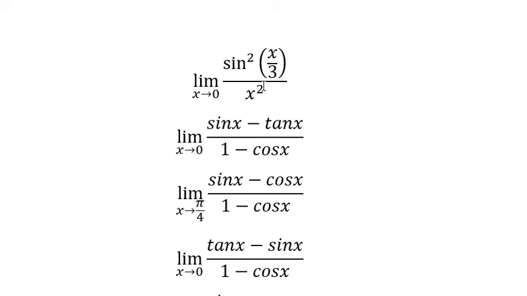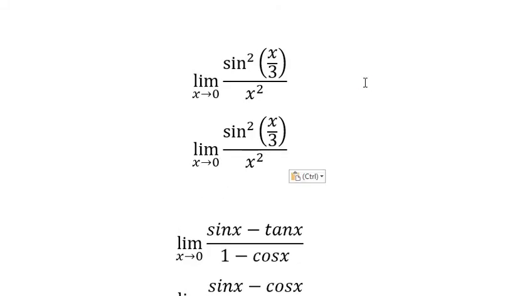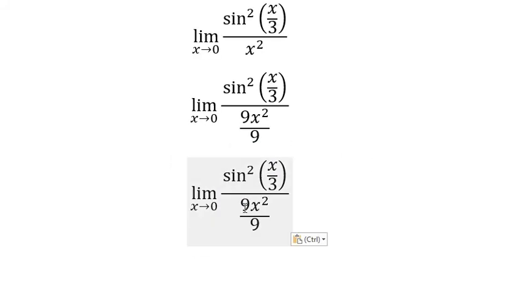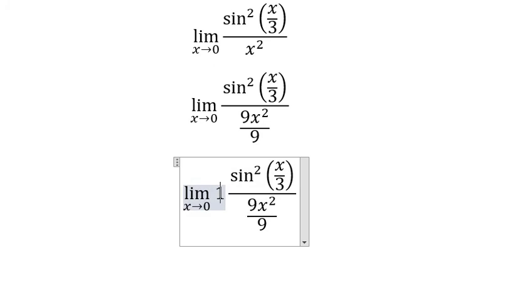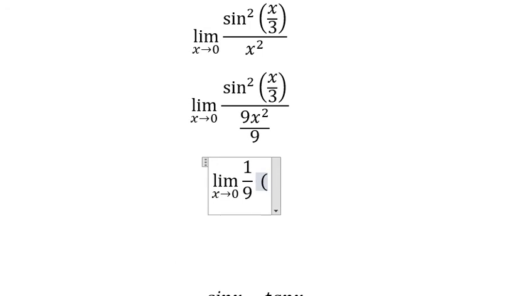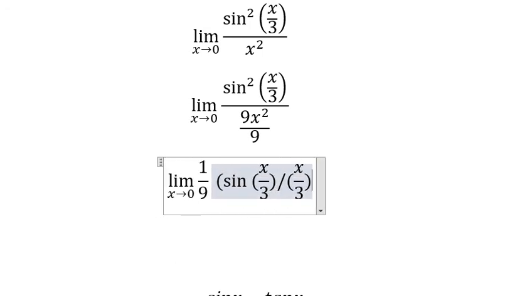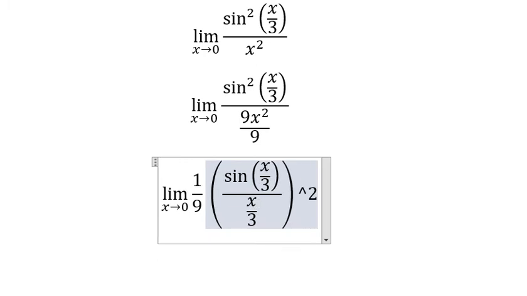The next one, I will put number 9 on the numerator and denominator, just like this. So I will put number 9 here. And this one I can put into sine of x over 3 over x over 3, everything to the power of 2.